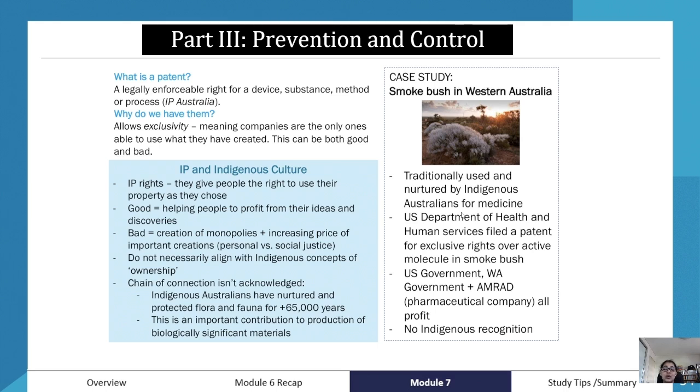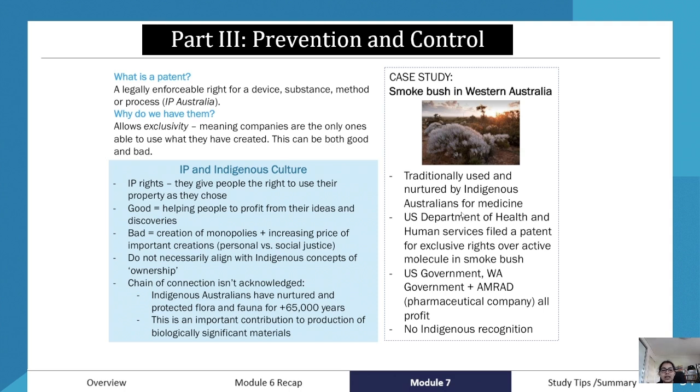So it's a huge thing. And when we talk about patents, it does not necessarily align with the Indigenous concept of ownership, so the chain of connection isn't acknowledged. Indigenous Australians have nurtured and protected flora and fauna for 65,000 plus years, and so it is an important contribution that they have given to science and medicine.